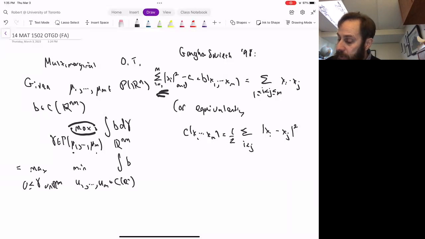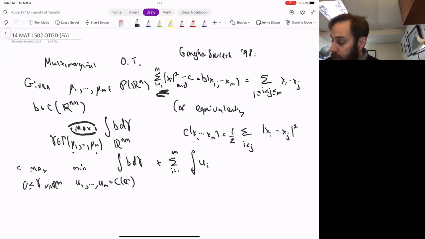How do I build the Lagrange multipliers into the problem? I would add a sum over i from 1 to m of the integral of u_i, d mu_i minus d gamma.